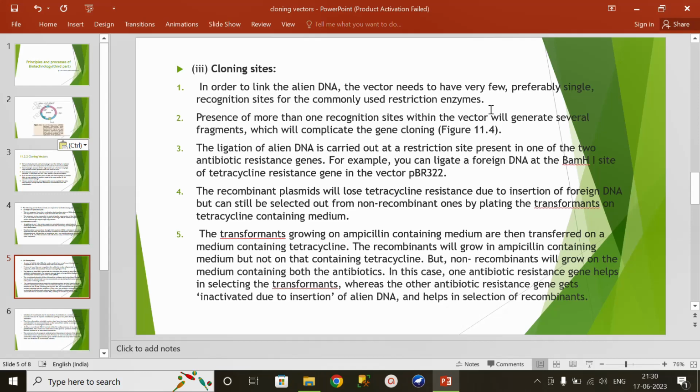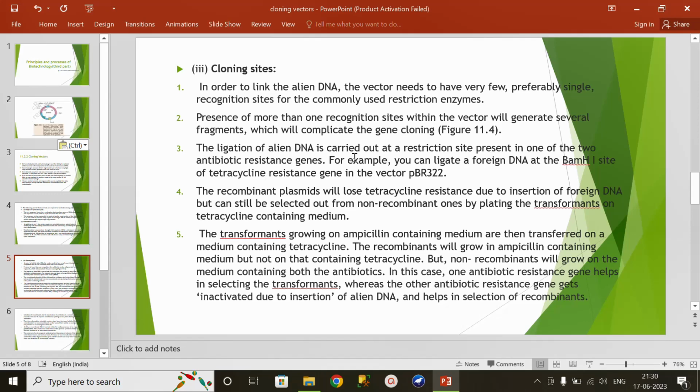Restriction enzymes means we can cut the desired DNA into two parts at specific sites. Presence of more than one recognition site will generate several fragments, which will complicate gene cloning.